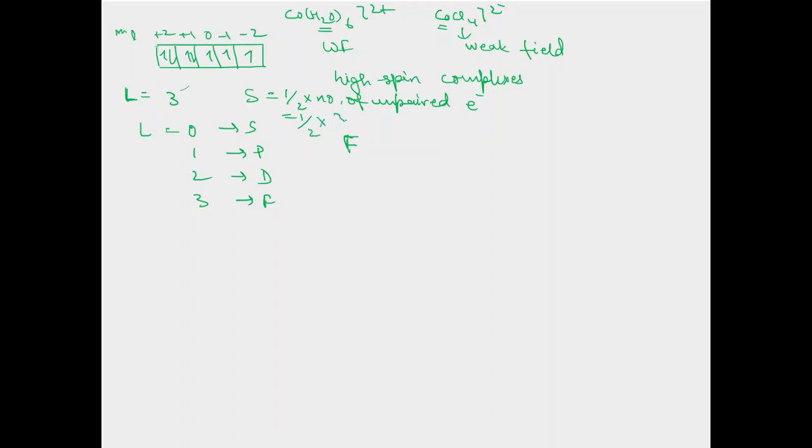So half into 3, it's 3 by 2. And therefore the spin multiplicity, which is 2S plus 1, will be 2 into 3 by 2 plus 1, that is equal to 4. So here it's 4F, right?